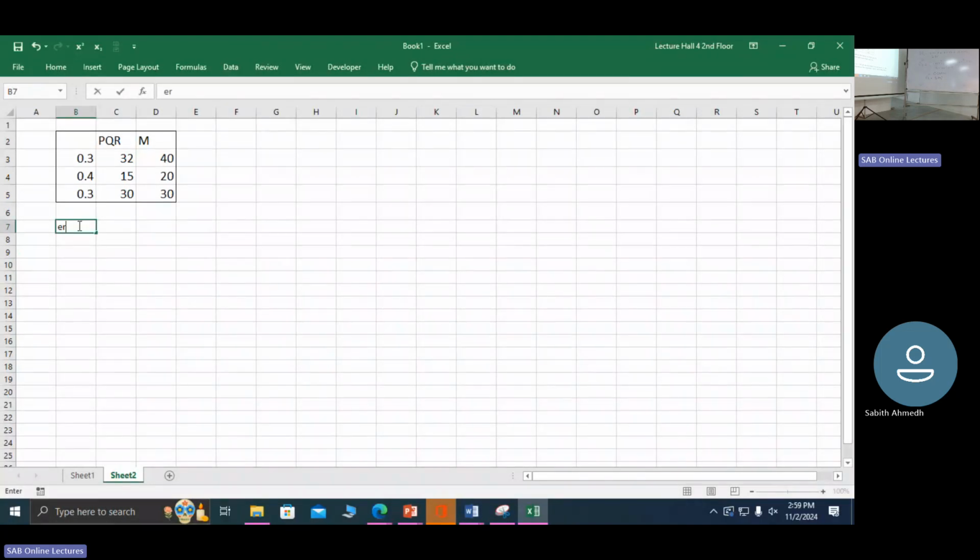So let's calculate the expected return for PQR as well as the market.